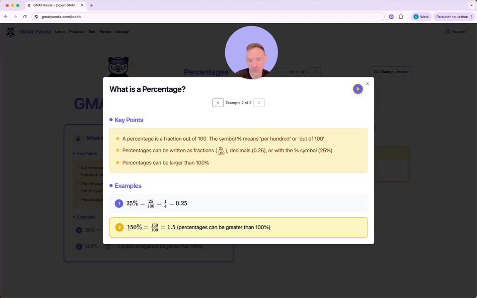So, for example, 150% is 150 portions of a cake that has 100 portions. Effectively, we're being very greedy here, and we're taking not just the whole cake, but half a cake extra. So 150% is equivalent to 1.5 whole cakes in this case.